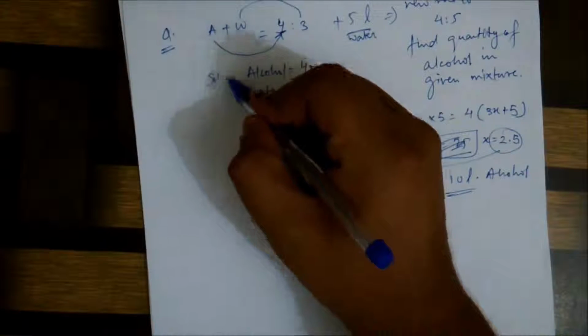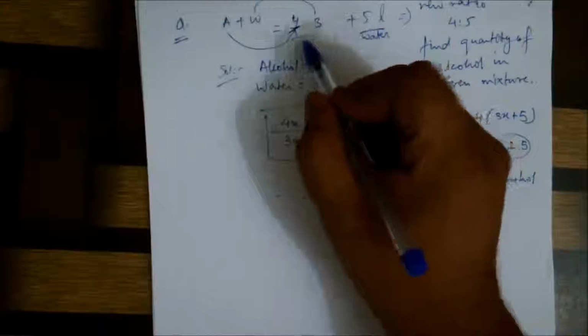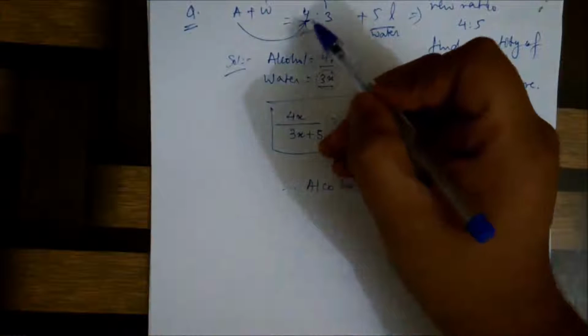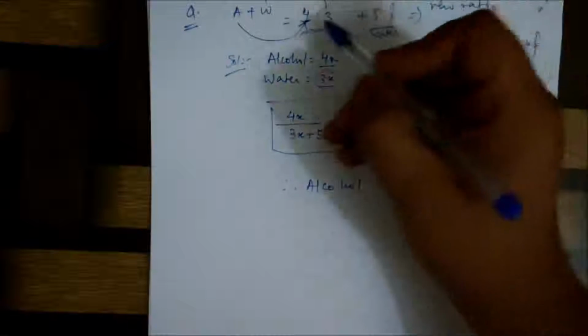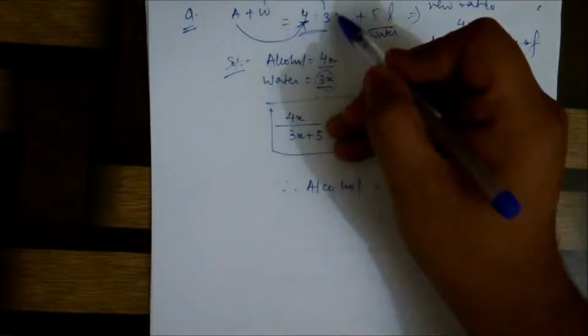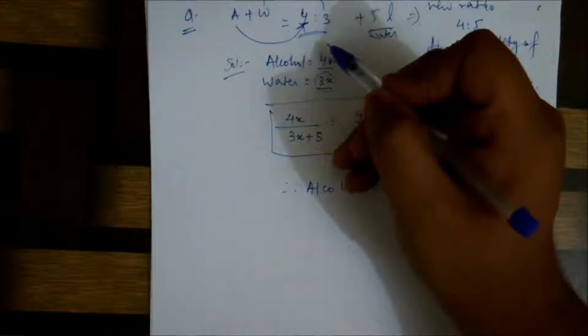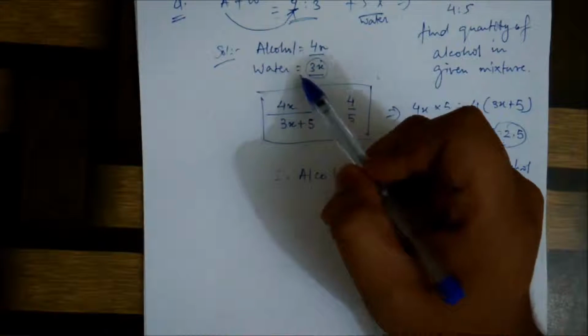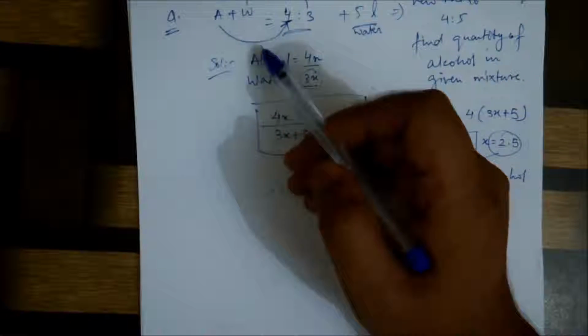So for this, it's very simple logic, that whatever ratio is given, because it's a ratio, of course it can be anything, 4x or 3x depending on the value of x. So we simply consider alcohol as 4x and water as 3x because it's given as it is.